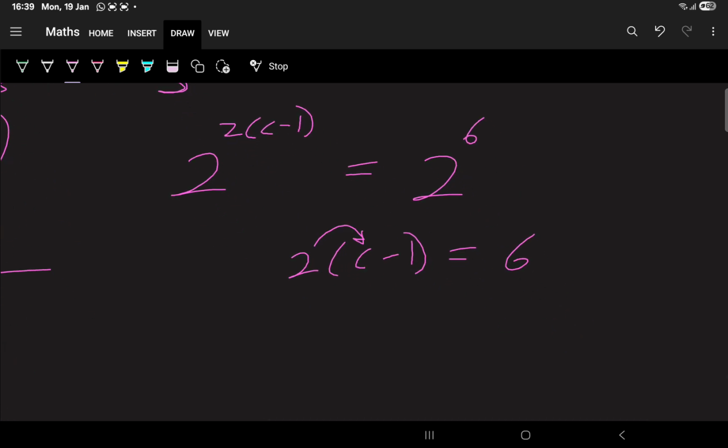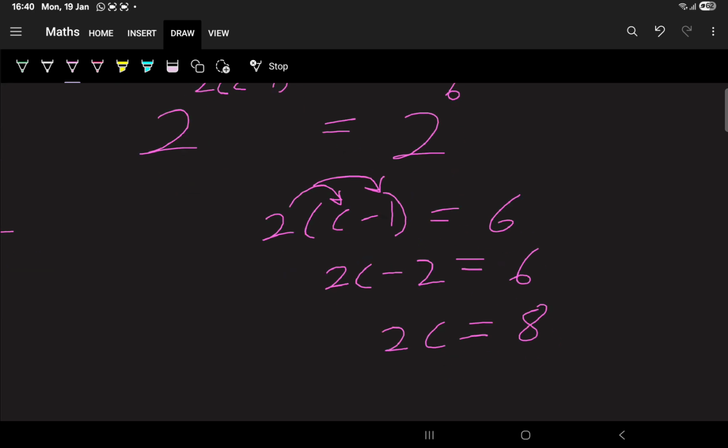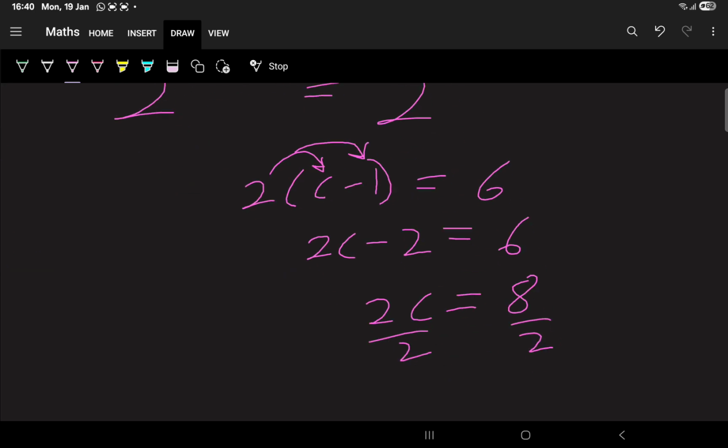This will distribute, so this is 2c minus 2 equals 6. Add 2 to both sides, 2c is equal to 8. Now dividing both sides by 2, I have c equals 4. So this is another, longer way to solve it.